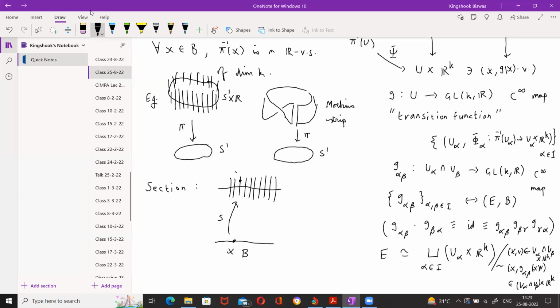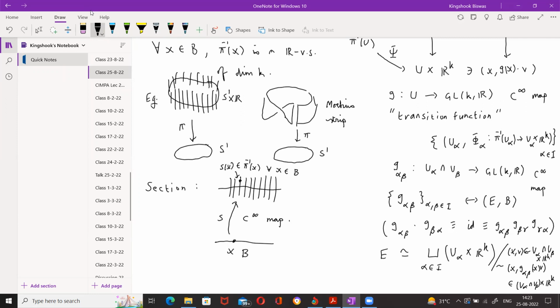So this point would be s of x. So this belongs to pi inverse of x for all x in B. Is this clear? Yes. Okay.